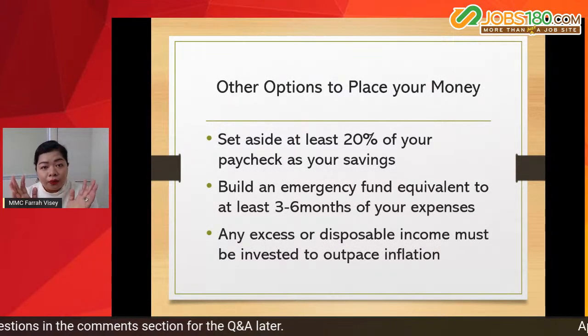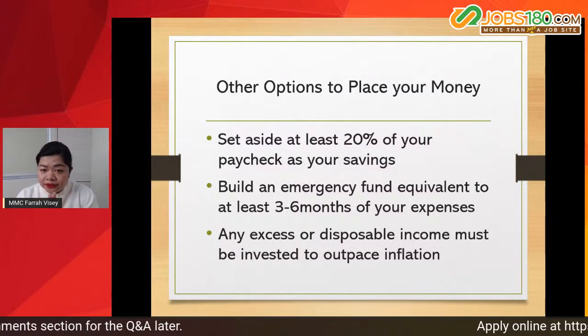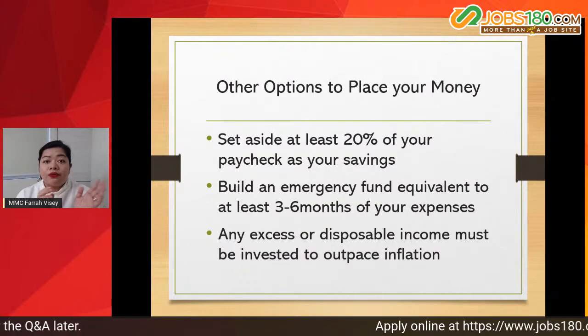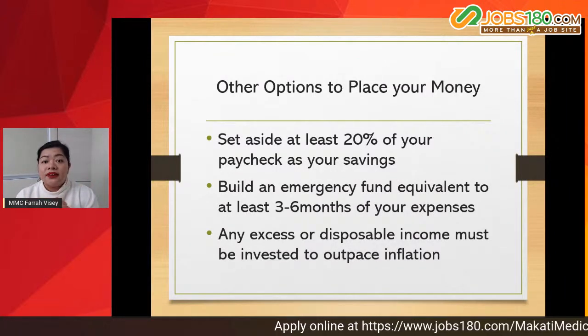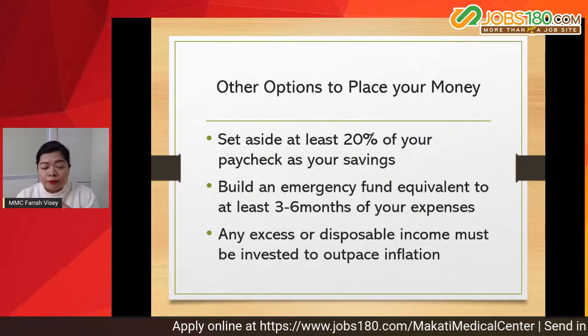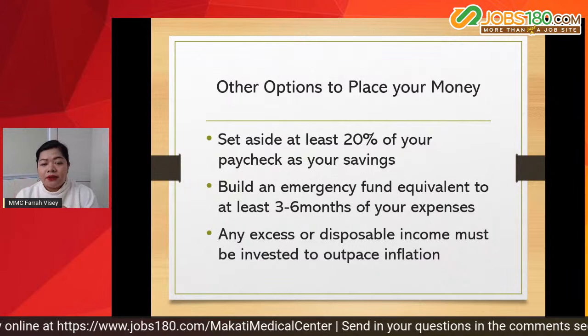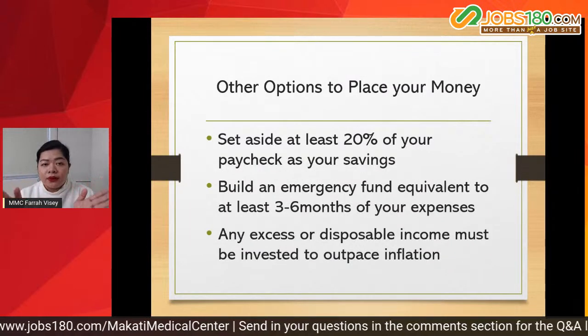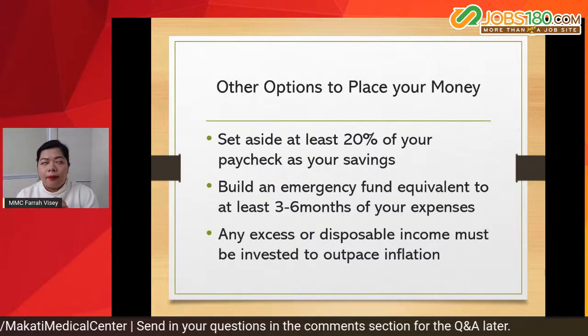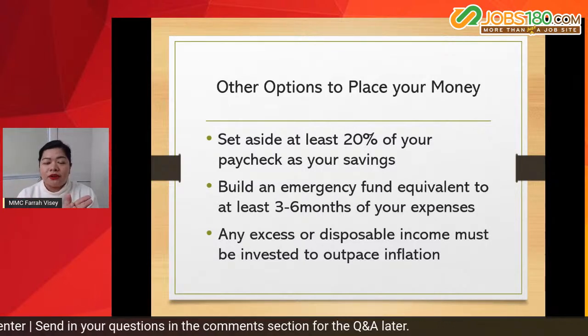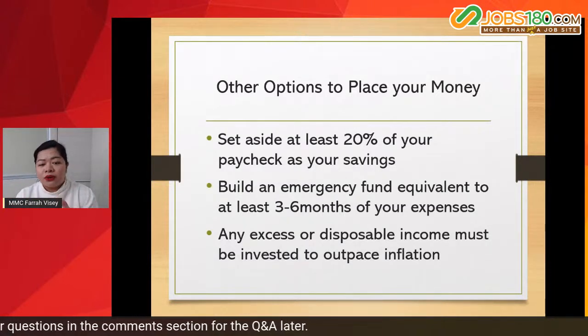So, set aside 20% of your paycheck as your savings. So, kanina sabi ko 12 to 16, no? Pero ang safest, this is not a Bible truth, but safe to say that 20% of your savings should be put aside, no, para mahati-hati mo siya sa mga gastusin mo sa buhay, no?